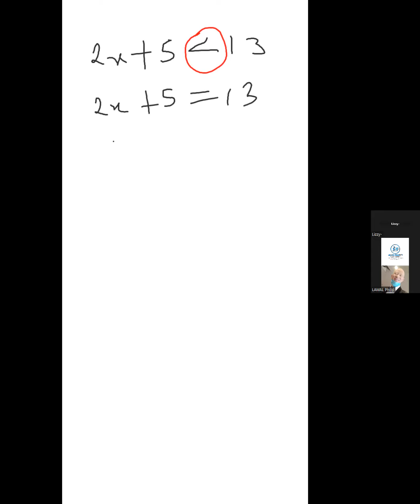So 2x is equal to 13 minus 5, and that gives me 2x is equal to 8. You divide both sides by 2, and then you have x is, let me not use the word less yet, I'm going to replace it, equal to 4.